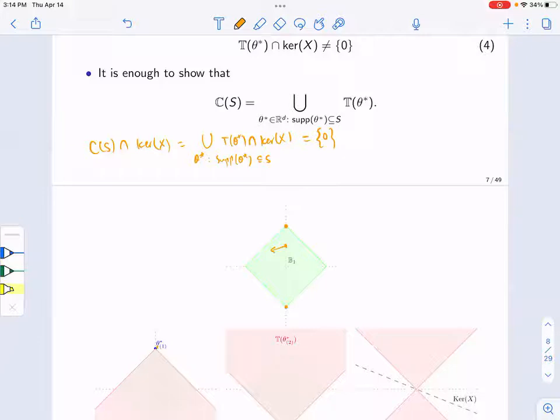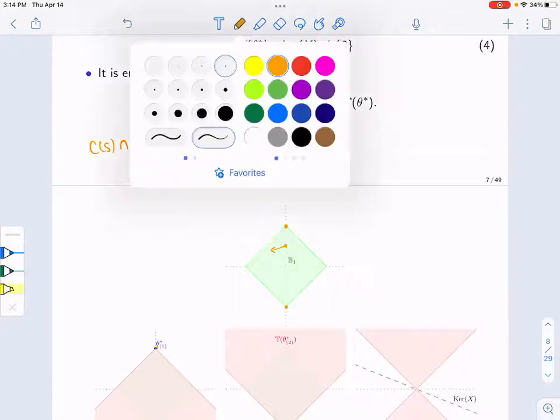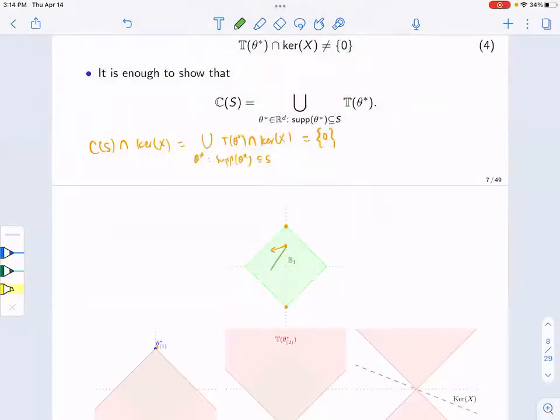Right, yeah, the point is, this is like the cone that, if you look at the L1 ball here, that passes through this point, anything that is not parallel to this is going to be outside.